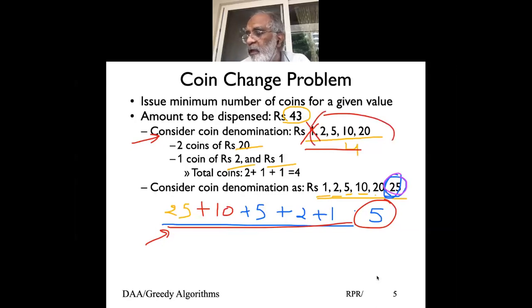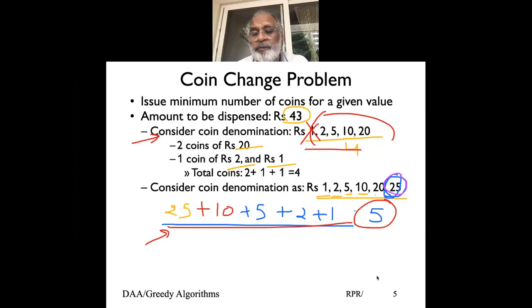Assuming your coins are 2, 5, 10 and 20, I want to give 43 rupees change. Using a greedy approach, will I be able to give 43 rupees?